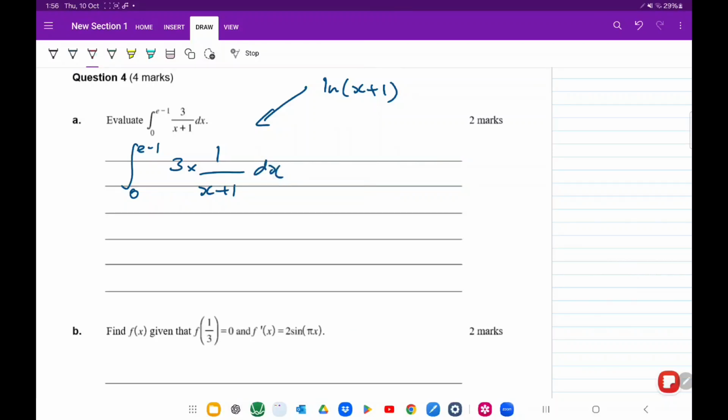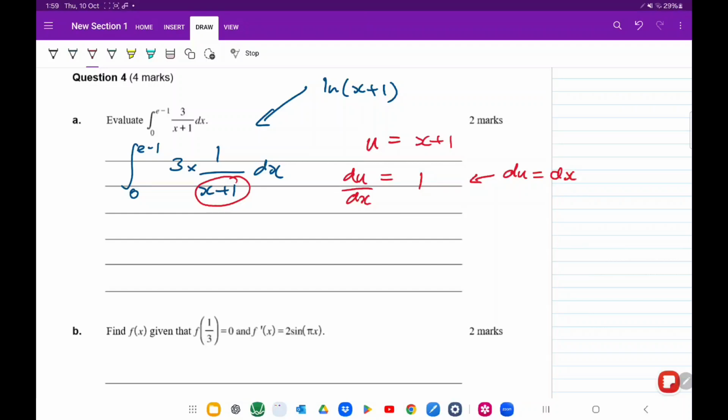So we're going to make a u substitution. Let u equal this denominator, which is x plus 1. Then du dx is equal to 1, and when we rearrange this, we get du is equal to dx.